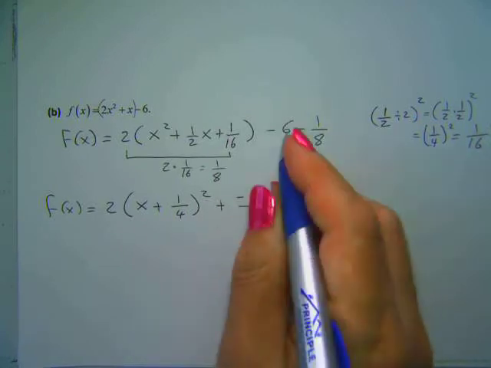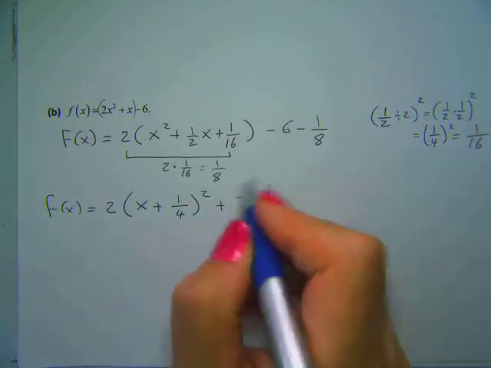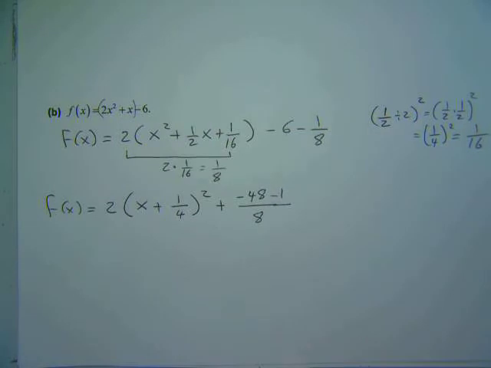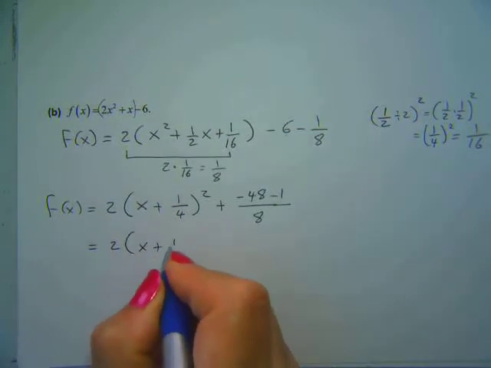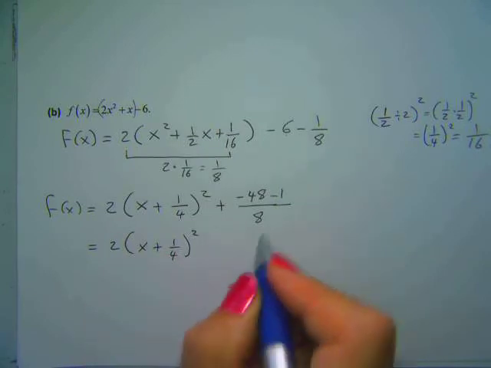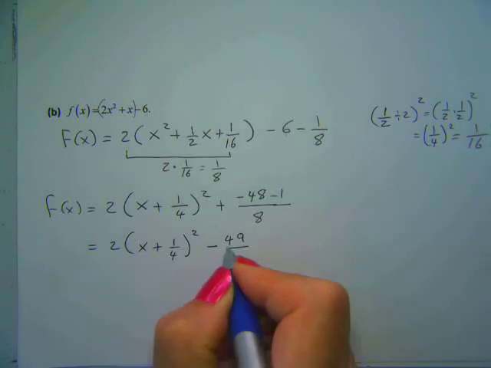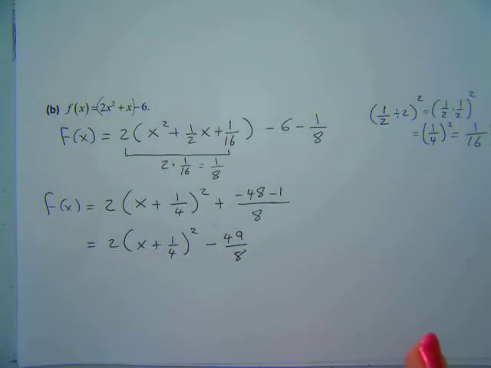Negative, multiply the 6 by 8, which is 48, minus 1/8. So now what do we have? 2 times (x plus 1/4) squared minus 49/8.